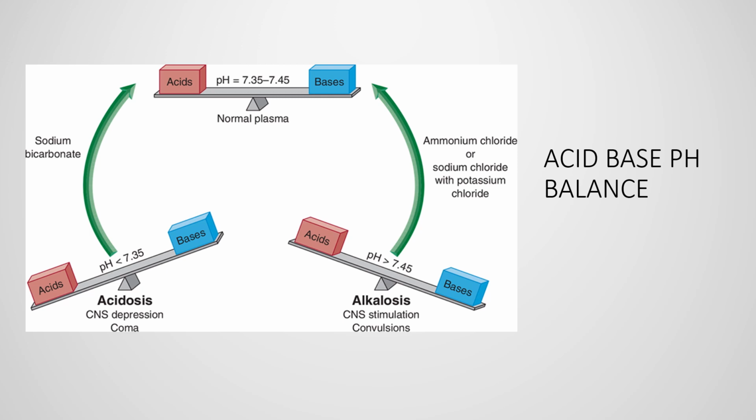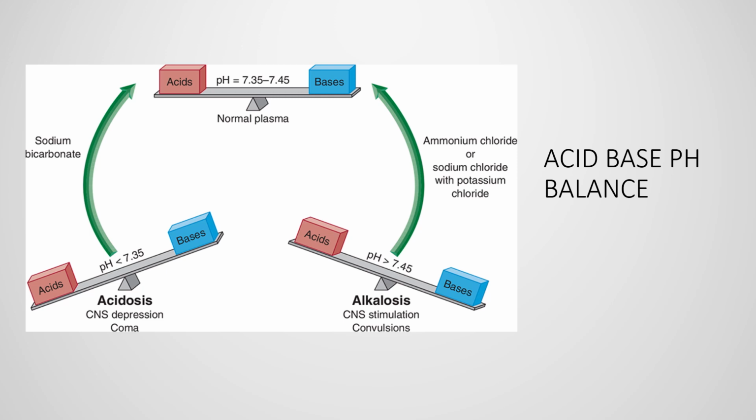Okay? And we can play with the pH a bit. We try not to, because we start altering other electrolytes in the body. But one option we have is if the pH drops below 7.35, we could give a patient sodium bicarbonate.